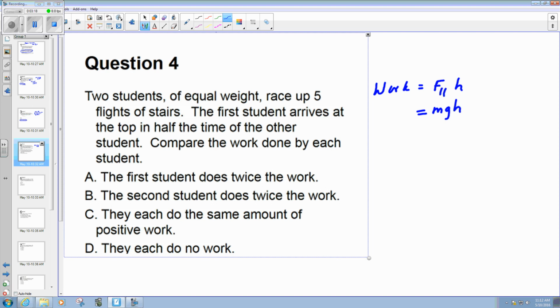And since the height is the same for both students, it implies they will do the same work. And so the correct answer here is C.